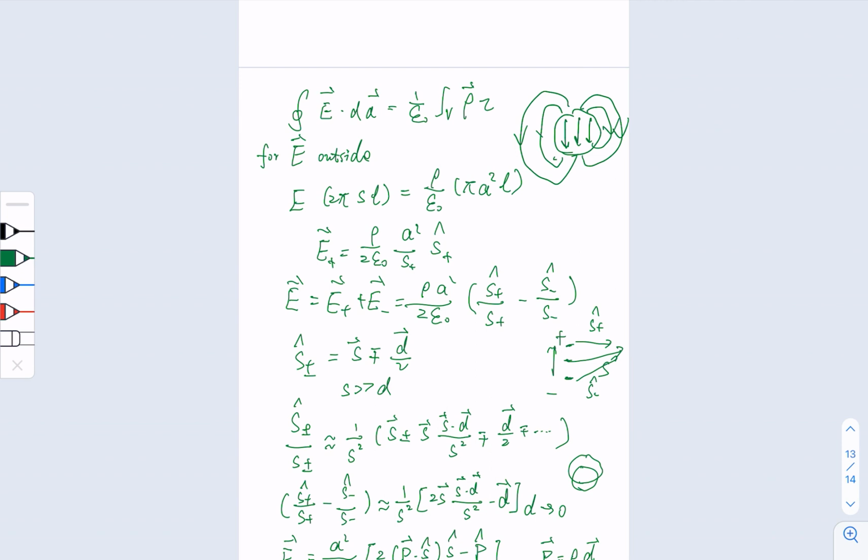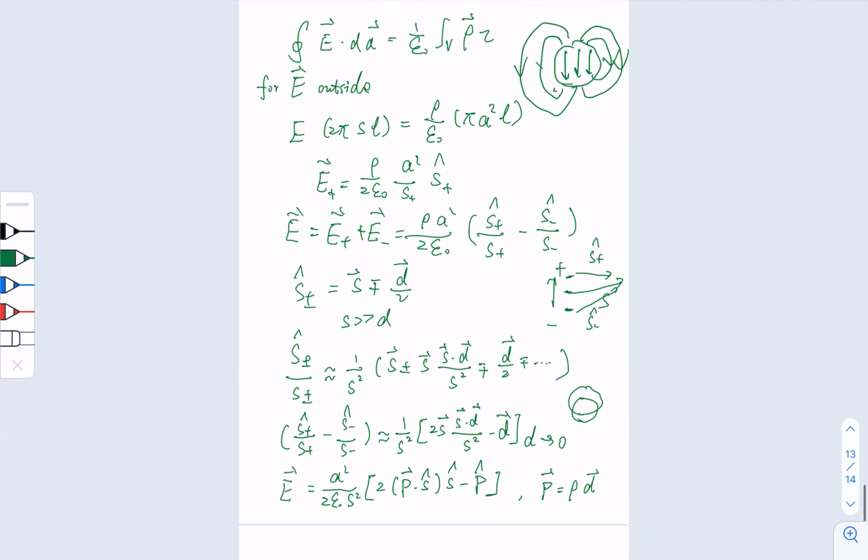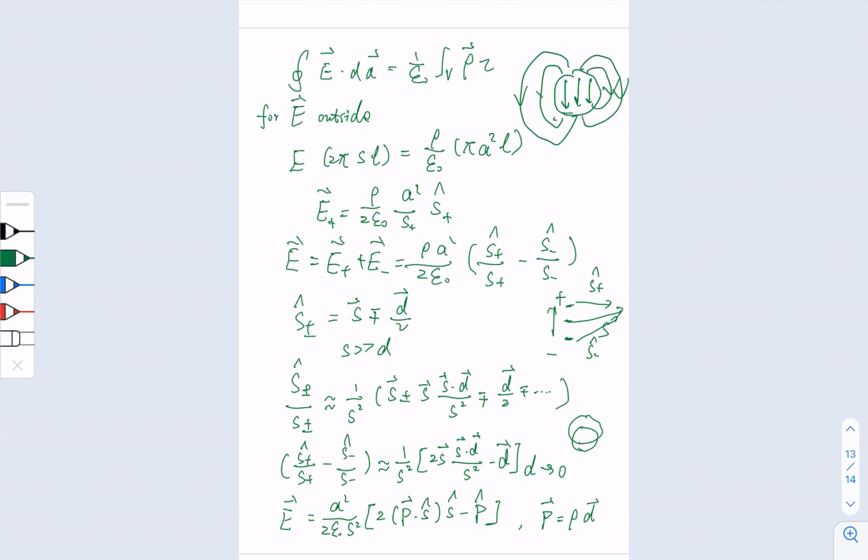And if you look at the magnetic field, this expression is actually the same as the magnetic field. So this is actually the electric analogy of a magnet, and it's called the electret, something like this.